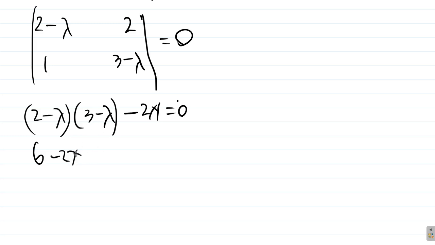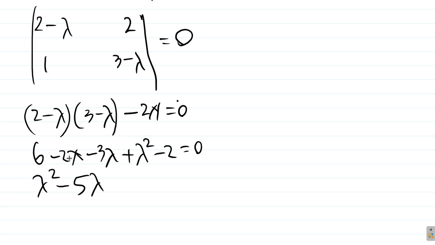Negative lambda by 3 is minus 3 lambda. Negative lambda by negative lambda is plus lambda squared. Minus 2 equals 0. So you have lambda squared, negative 2 minus 3 is minus 5 lambda, 6 minus 2 is plus 4, equals 0. They call this the characteristic equation.